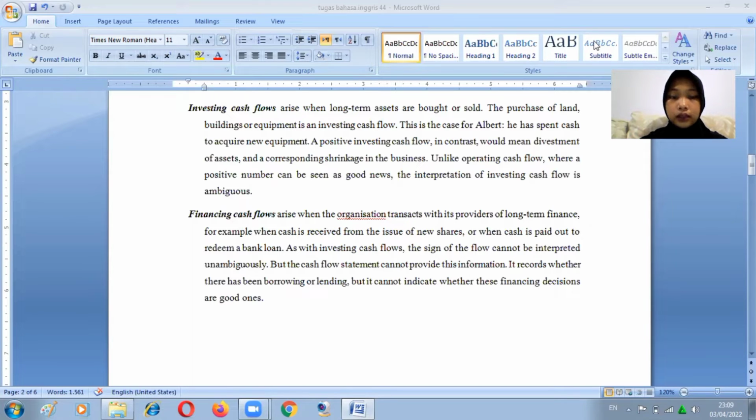And as with investing cash flows, the size of the flow cannot be interpreted unambiguously. The cash flow statement records whether there has been borrowing or lending, but it cannot indicate whether these financing decisions are a good use of funds.